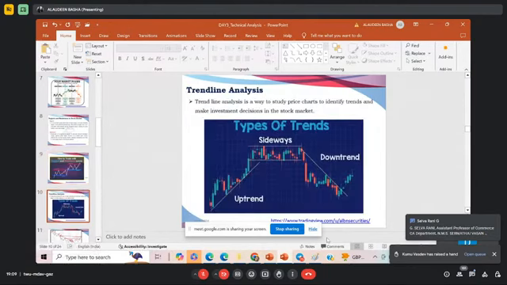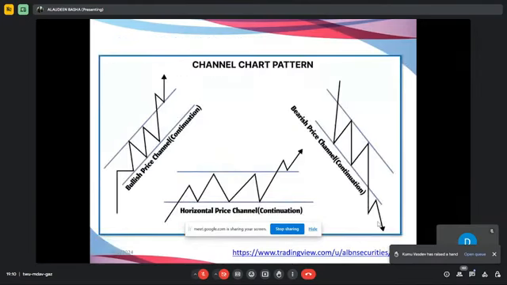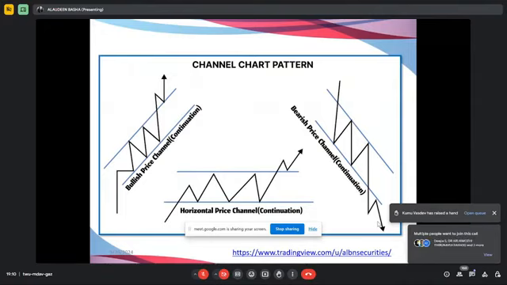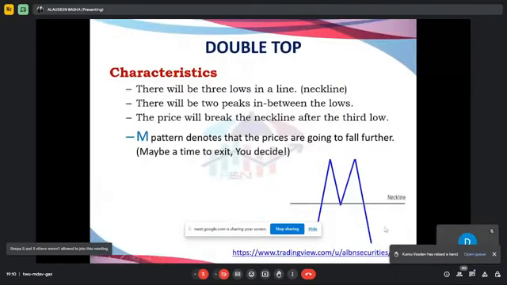The third one is the types of trends: sideways, uptrend, and downtrend. The final one is the channel pattern. A channel is like a double line of trend line. We have three kinds of channels: uptrend, downtrend, and sideways channel.